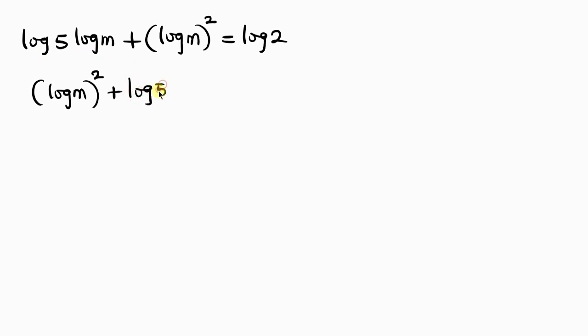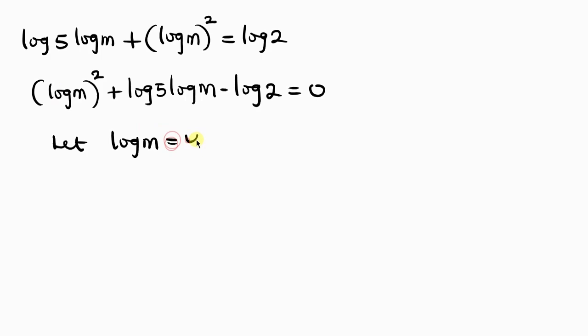Now as log 2 crosses to the left, it becomes negative log 2, equal to 0. So in order for this to look good, we can just say let log m be equal to y. That means wherever we see log m, we're going to be putting y there.